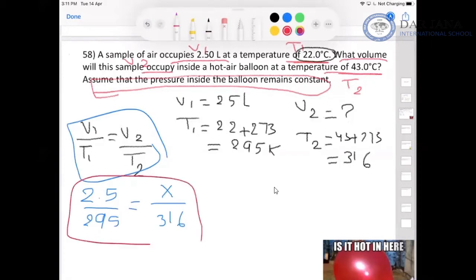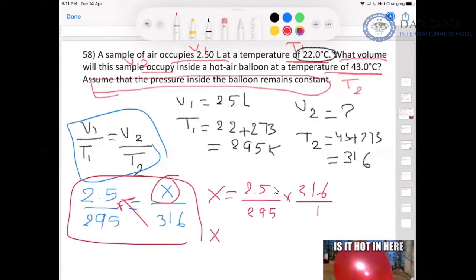You solve this equation for X. So if you want to solve it, you can multiply by the reciprocal. So you will multiply here by 316 over 1. So to find X, X is going to be 2.5 over 295 times 316 over 1.